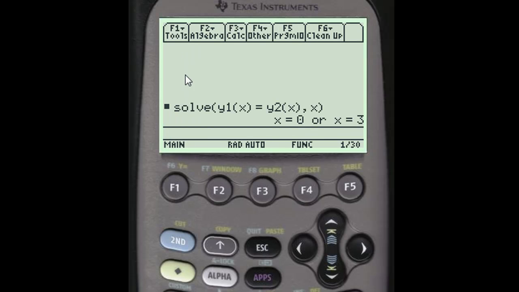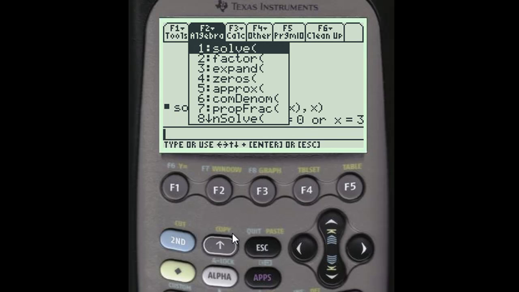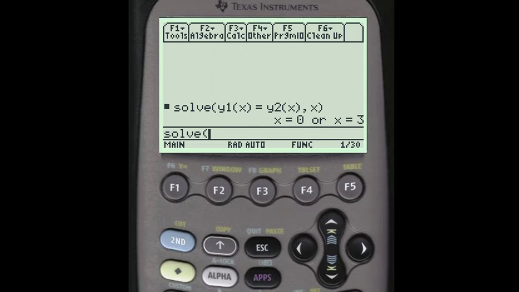And back at the home screen, you can F2 solve, and you can actually type in y1(x) = y2(x). And that's a valid equation. We've put 3x in for y1, we put x squared in for y2. So essentially this is telling the 89 to solve 3x equals x squared.